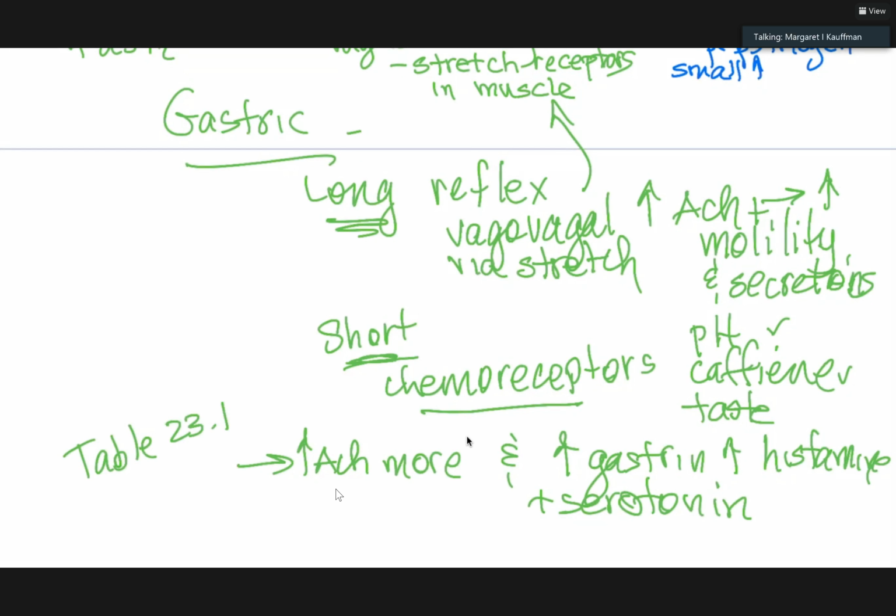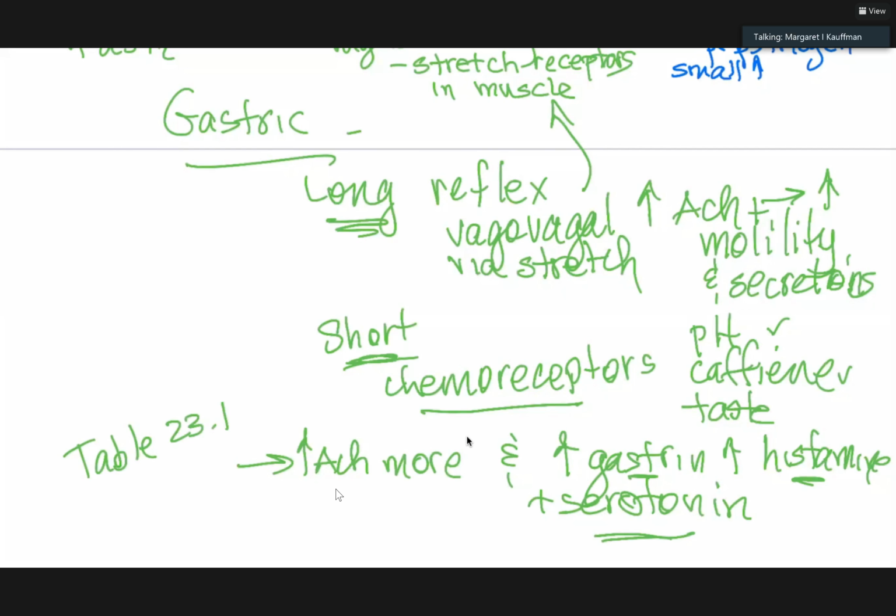So some of the hormones we do discuss in more detail than others, like serotonin, we don't say very much about except here. But we do talk quite a bit about histamine and gastrin, and some of the ones later in the duodenum. So you do want to know that table. It's probably the most complicated part of this whole body system, the endocrine regulation of digestion.